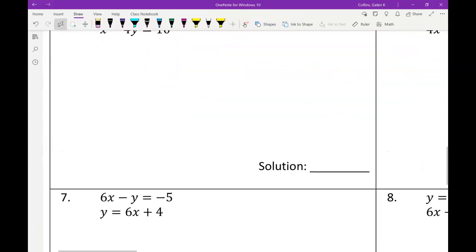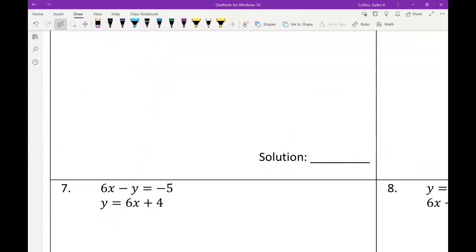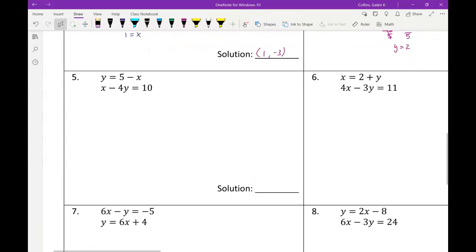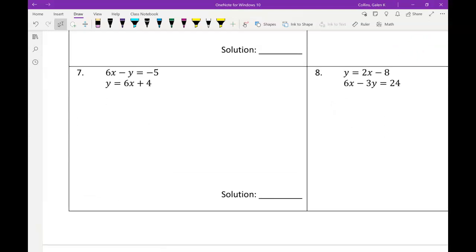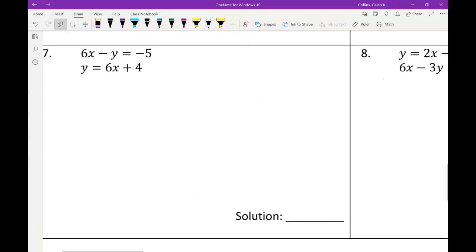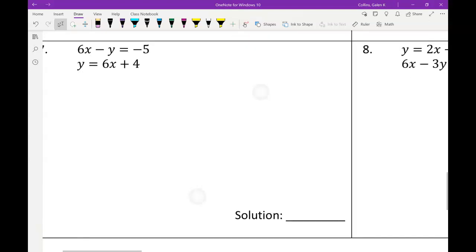All right, so if you are working through these, you might notice when you get to the last 2 questions, something kind of funny happens, something different happens. So let's look at number 7. In number 7, we have an equation where y is isolated.